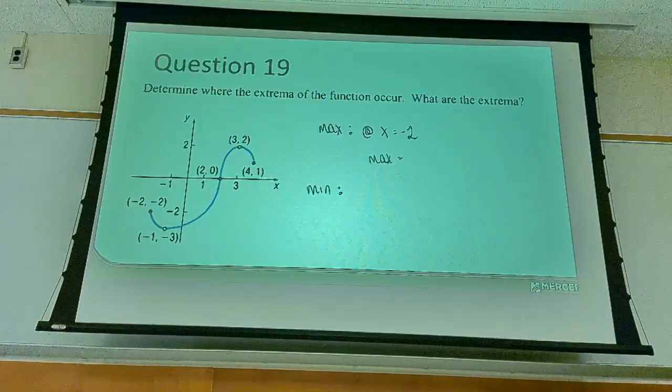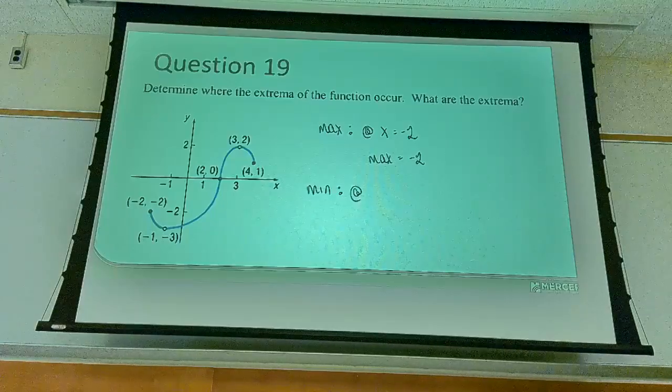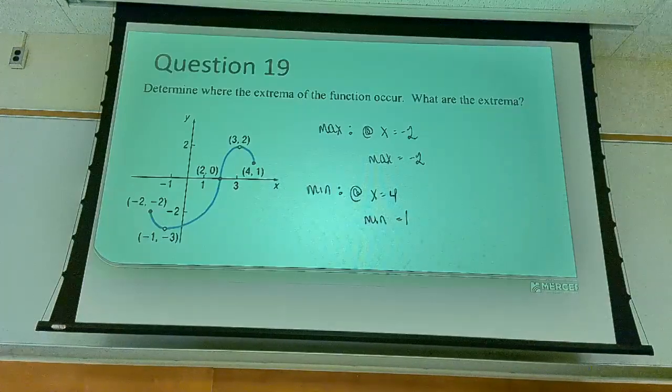Any other maxima? No. What about minima? x equals 4, value 1. And this is one of those cases where your local maximum value is smaller than your local minimum value.